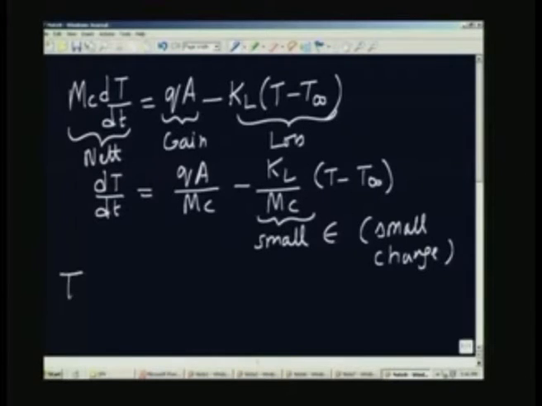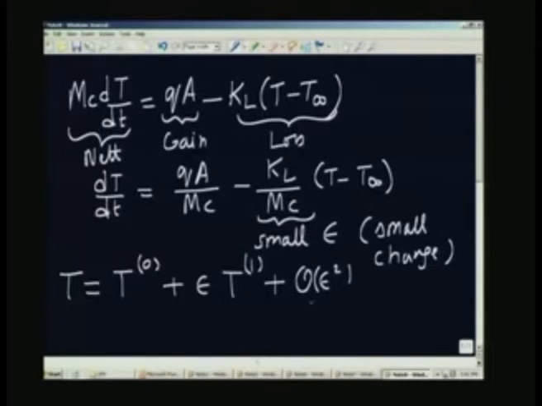So I can do the following. I will assume that T is given by some dominant term T naught plus epsilon times T1, and of course higher order terms will be there with epsilon squared and so on. I will say plus order epsilon squared, neglected. We neglect these terms.